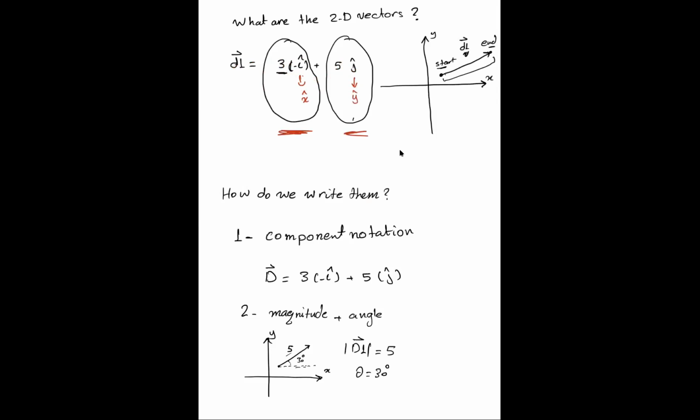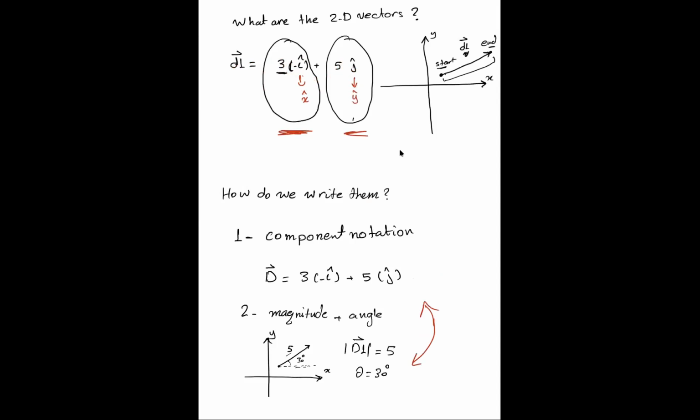So those are the two notations that we can see vectors in. We can see vectors in the component notation. We can see vectors in the magnitude and angle notation. And it's important that we also know how to transfer between one notation and another.